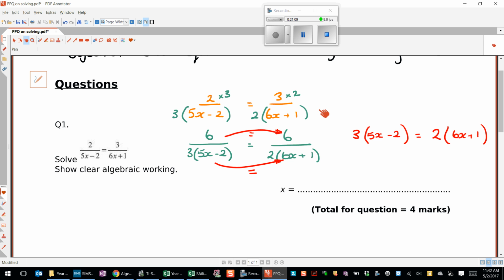Alright? So we got to the stage where we no longer have a fraction. Can someone just recap for me how we did that? What was the process? We made the numerator the same, and then we multiplied the numerator by 3 and the denominator by 3 because that keeps it an equivalent fraction.